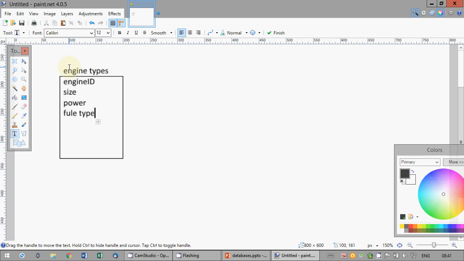Other, maybe the manufacturer. Okay, and the model number, model name. Okay, this is the primary key. Well, the model name could be the primary key, but sometimes the same model names apply to different engine types. So this is the engine that you can customize.